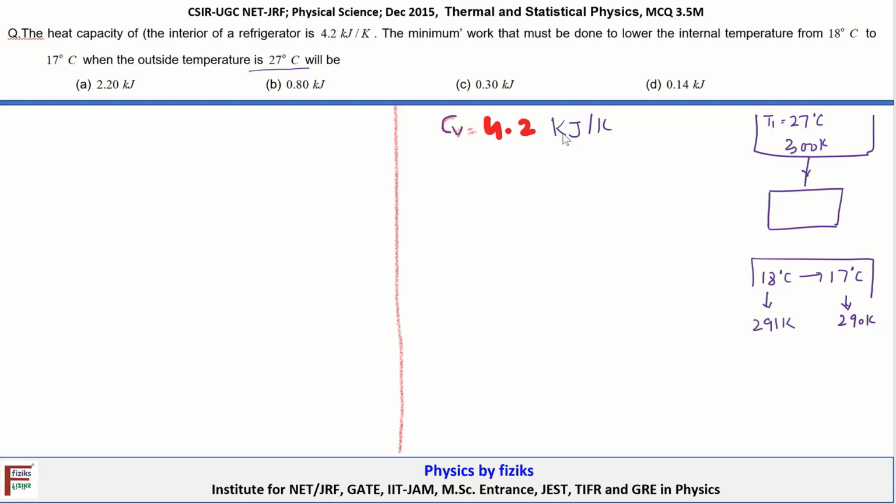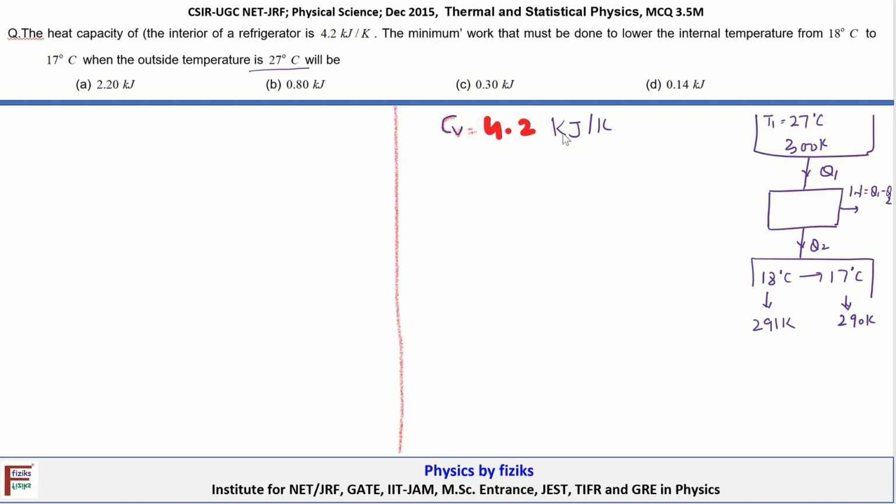So here Q1 amount of heat will be taken by the working substance from the upper reservoir, and Q2 will be rejected, and the net work done, that is W, is equal to Q1 minus Q2.